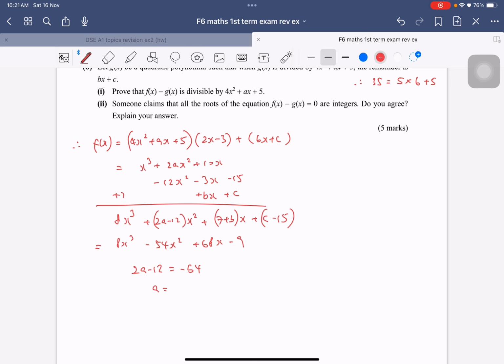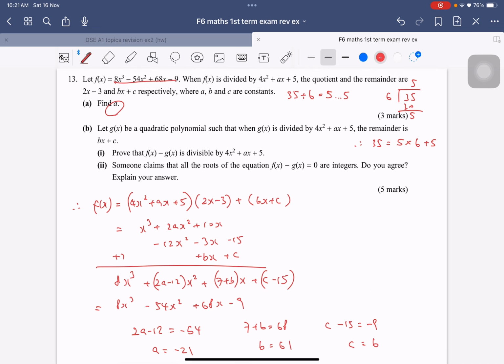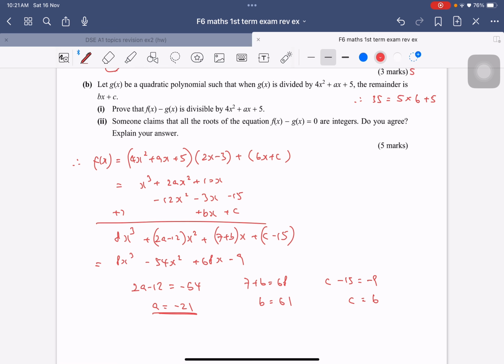Solving this, negative 54 plus 12, divided by 2, gives negative 21. We also have 7 plus b equal to 68, so b is equal to 61. For the last one, c minus 15 equals negative 9, so c is equal to 6. The question is asking just for a, so a is equal to negative 21.